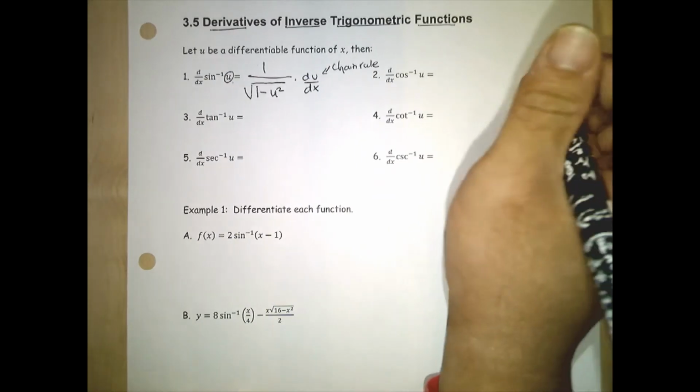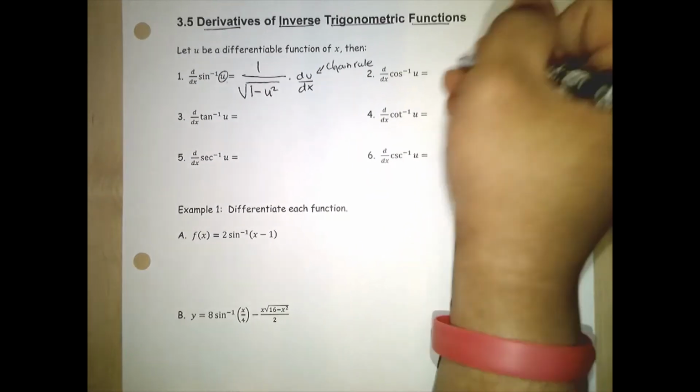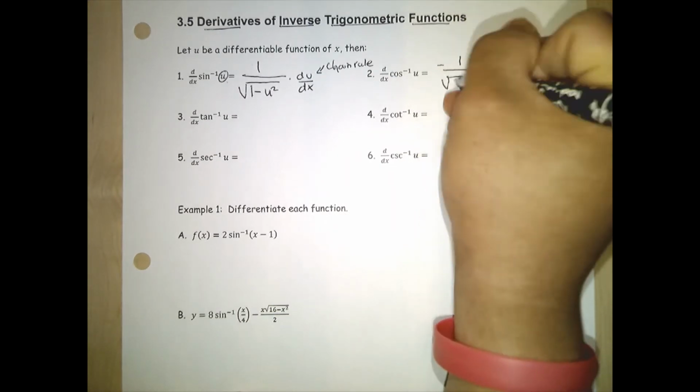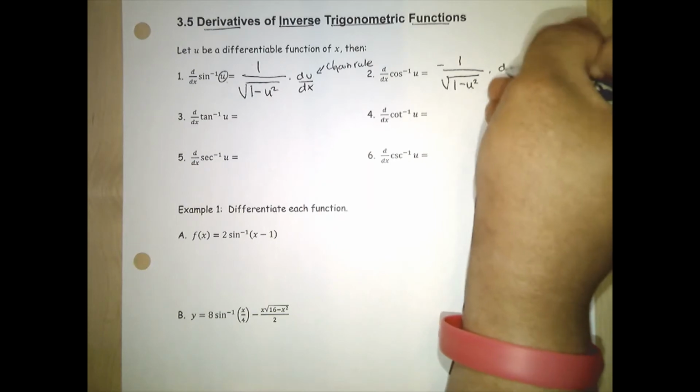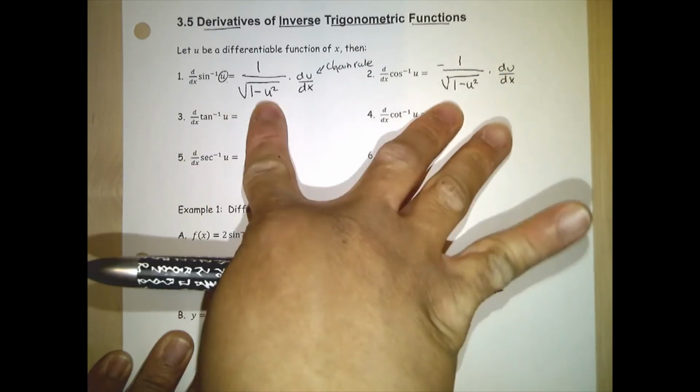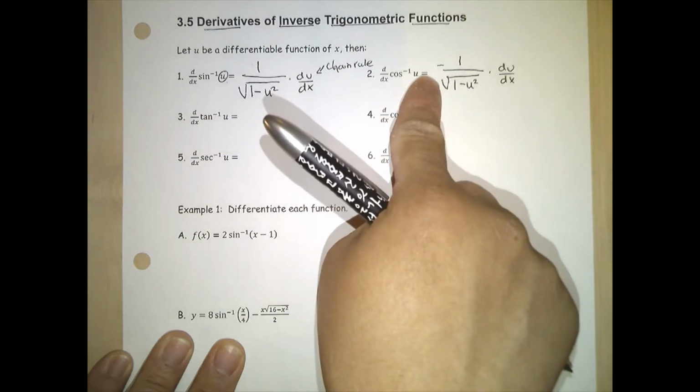The derivative with respect to x of cosine inverse of u is negative 1 over the square root of 1 minus u squared times du/dx. Notice that these are very similar, but this one is negative.